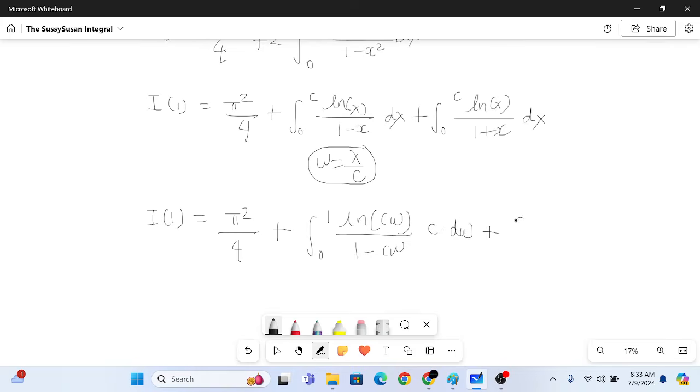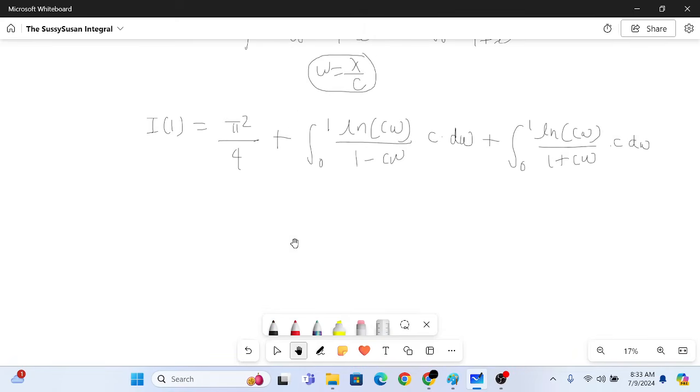Similarly over here, integral from 0 to 1 of ln of cw by 1 plus cw, and dx is just c times dw. That looks good. Now let us try to separate the c's from the w's, because ln of w by 1 minus cw will be a standard integral, but not this right now. So that's why let us do it.